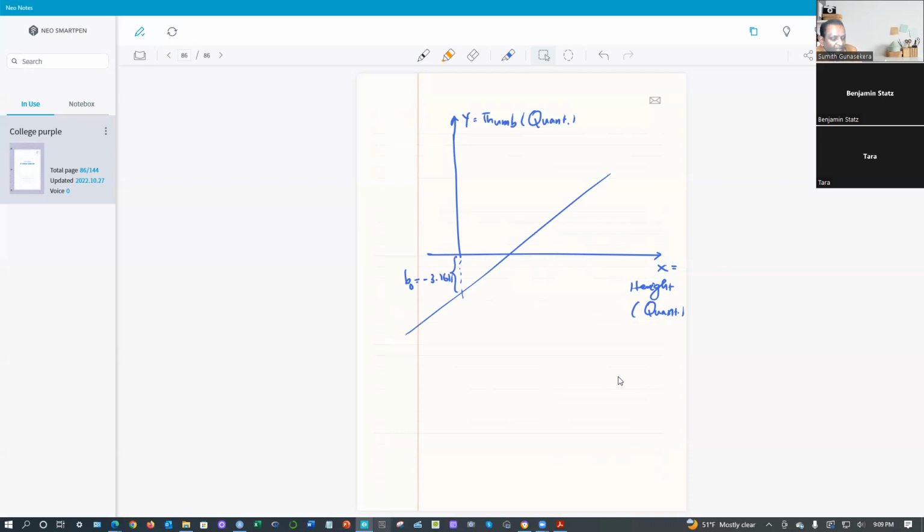Then this equation is y hat equals b naught, negative 3.1611, plus 0.9848x. Okay, so it looks like that.